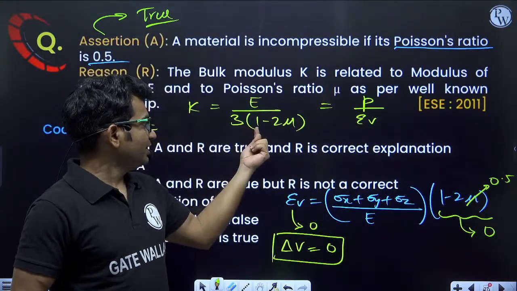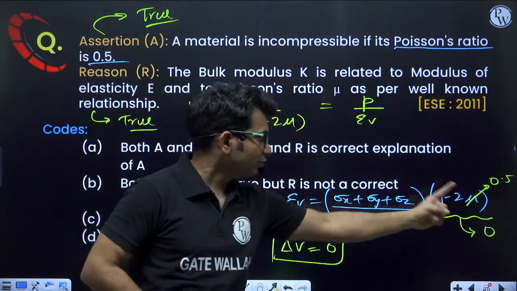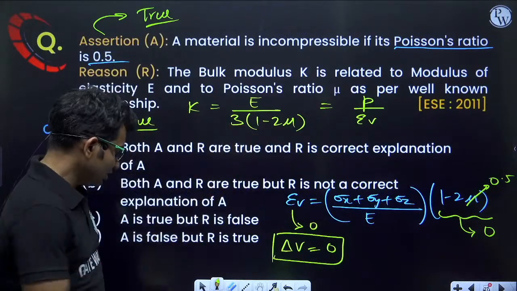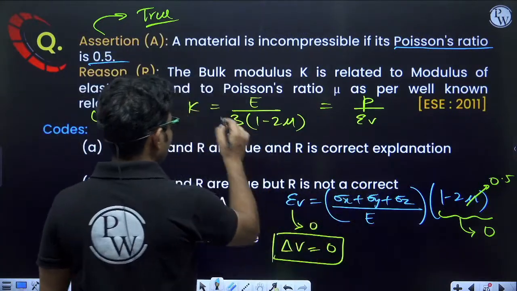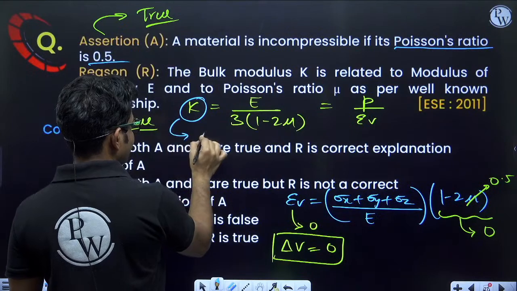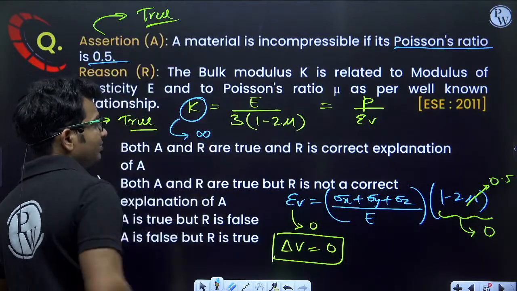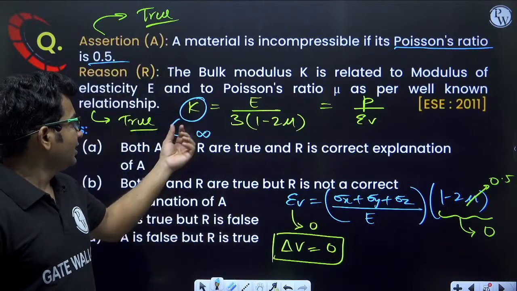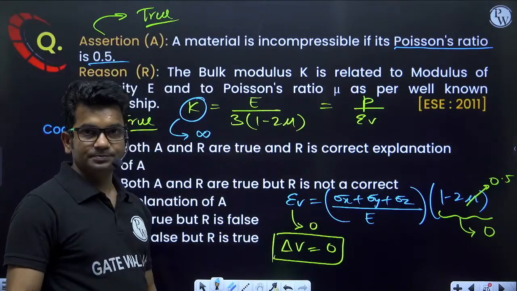And in 1 minus 2 mu, again, if I put mu equal to 0.5, this becomes 0 and my bulk modulus becomes infinite. When my bulk modulus is infinite, my material is very strong, and there is no volumetric strain.